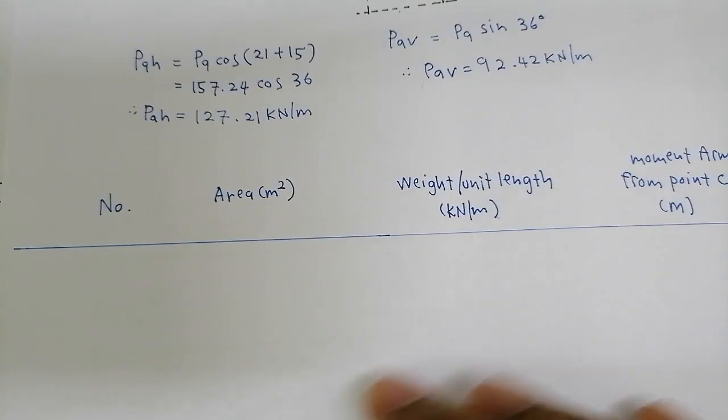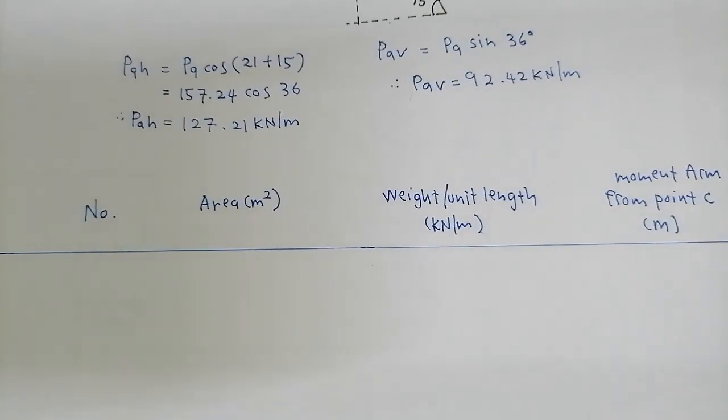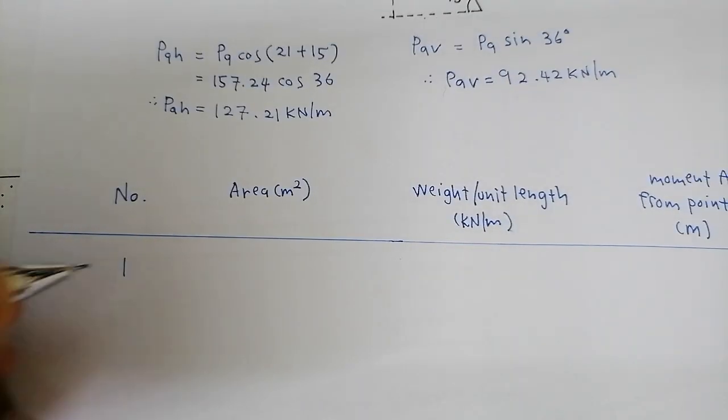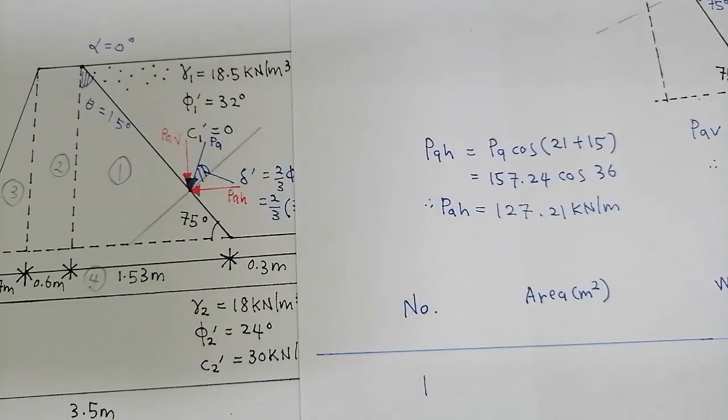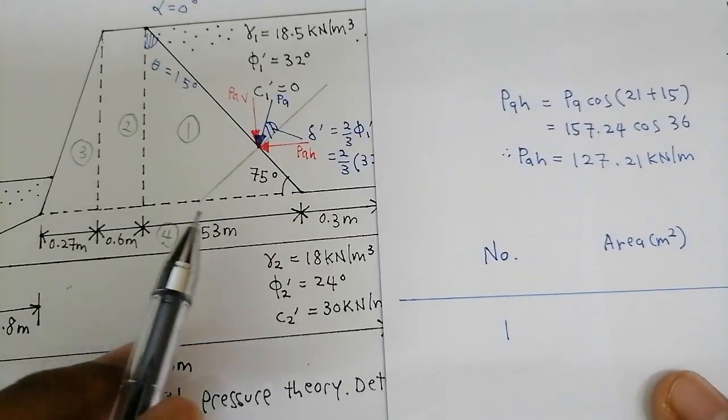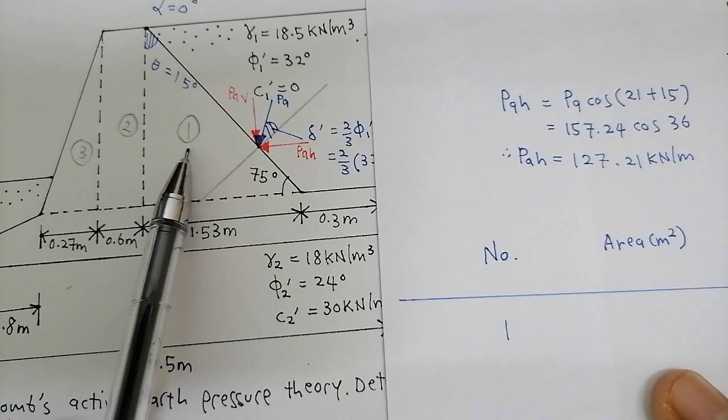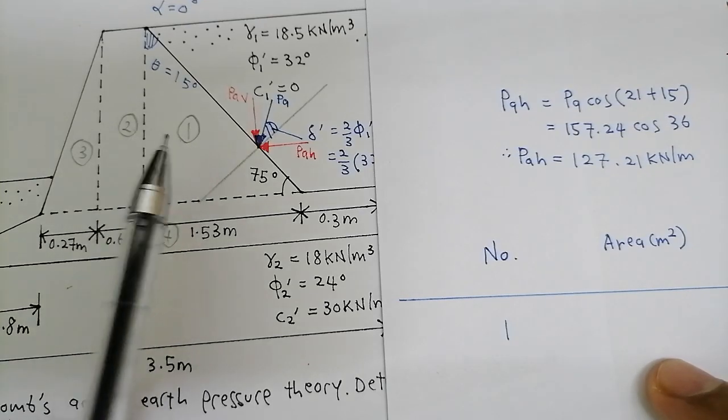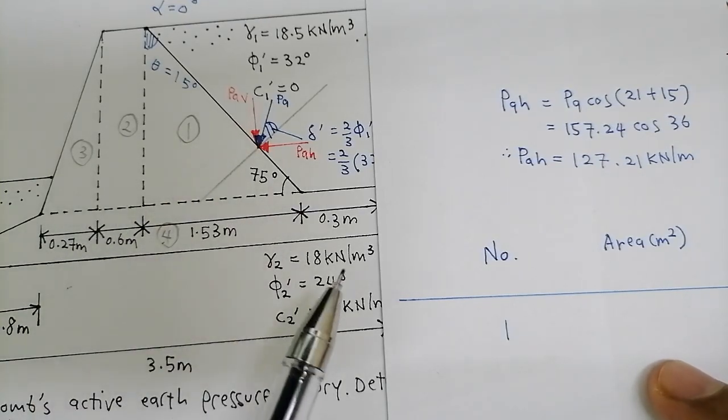Okay, so let's start with number 1. We have to refer to this area here. So can you see? This is number 1. So we calculate the area of this section first. It is a triangle.